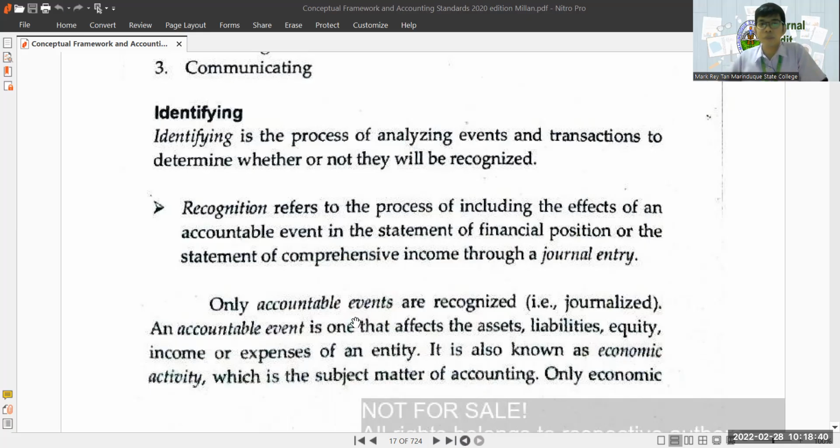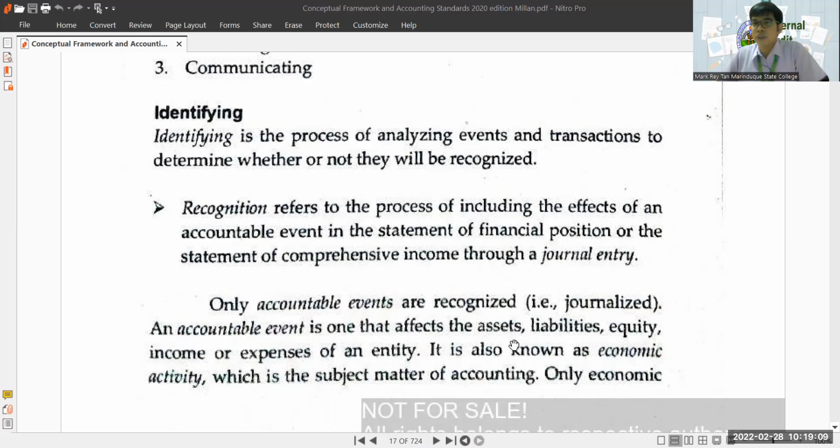Ano naman yung accountable events? An event is accountable if it affects the assets, liabilities, equity, income, or expenses of an entity. You will notice itong assets hanggang expenses, ito yung tinatawag natin na general accounts. Sila yung mga main accounts natin. Kasi in each general account, may mga specific accounts tayong tinutukoy.